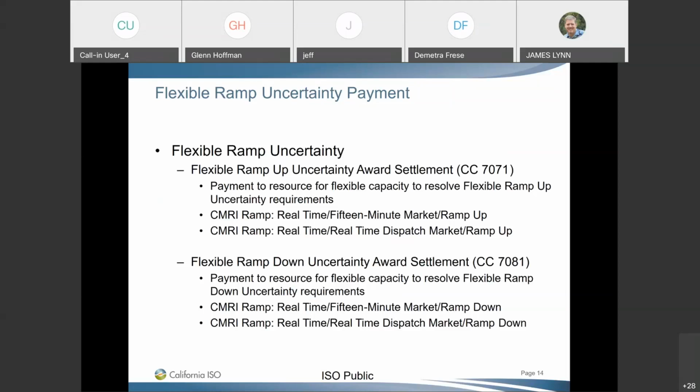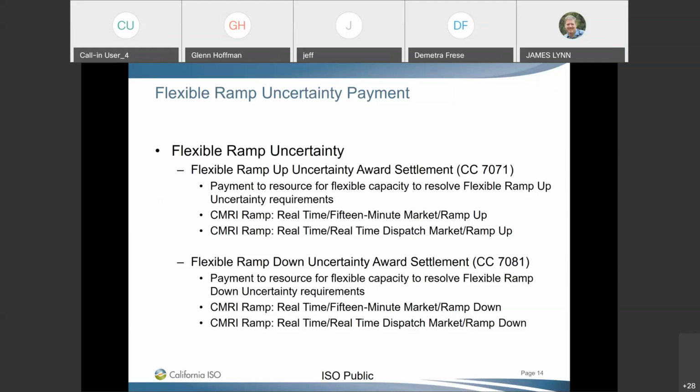Now in RTD, if we determine that your resource is better used for the energy instead of being held back for capacity, we will release that flexible ramp award, uncertainty award, and we will dispatch it for energy, and then you'll have a deviation settlement between RTD and FMM of your uncertainty awards.